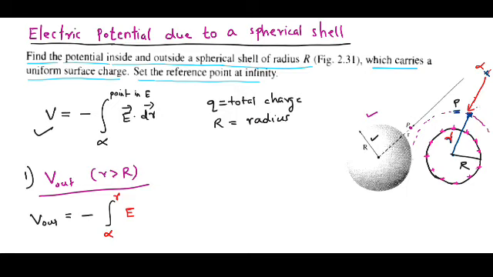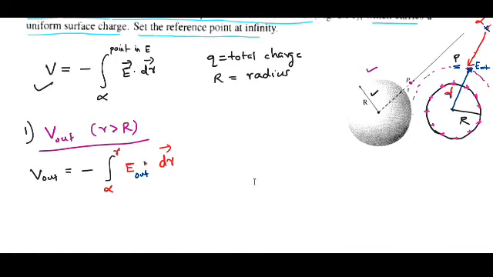Therefore, the electric field here will be E outside. So we have to write E out dot dr. What is the electric field outside a uniformly charged spherical shell? We already derived that expression.